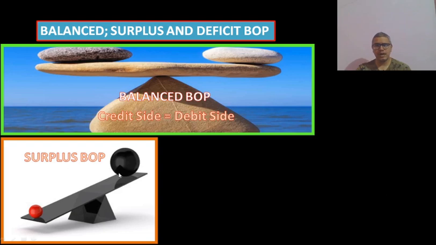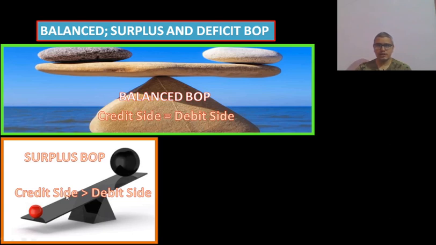When will surplus balance of payment occur? Surplus balance of payment will occur whenever the credit side of the balance of payment is greater than the debit side. Since we have discussed that balance of payment disequilibrium occurs whenever credit side is not equal to debit side, credit side and debit side may not be equal in two ways.